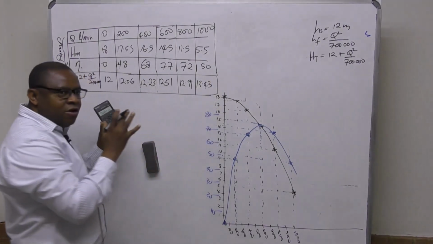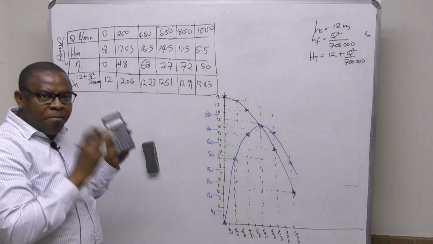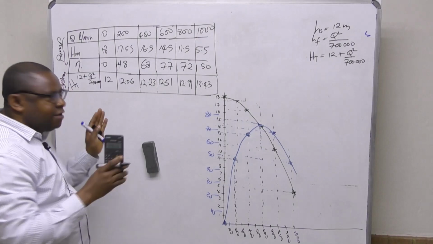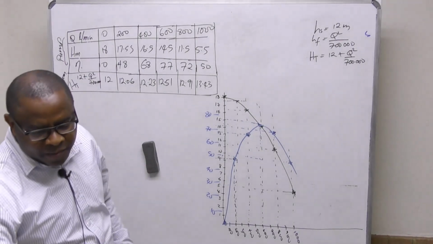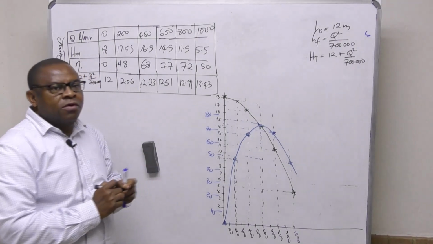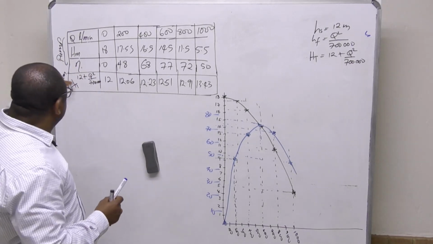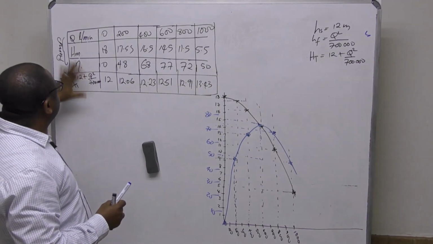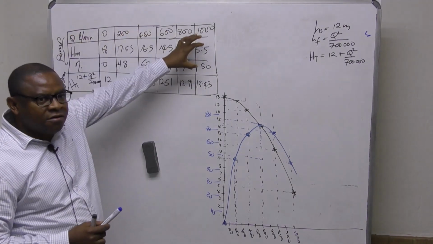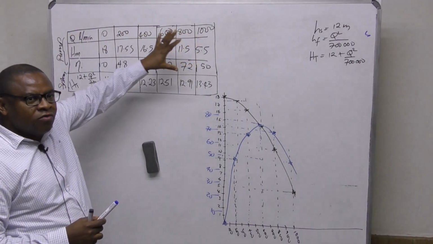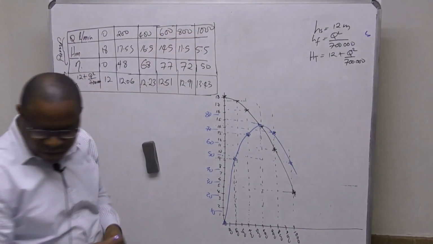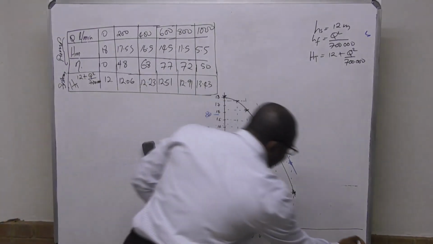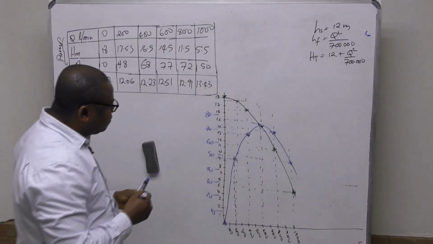Okay, so this is just for one pump. I mean, this is just the head, right? If I want to look at this system and compare it with this pump's characteristics, just one pump, we can plot that graph to get the operating point.